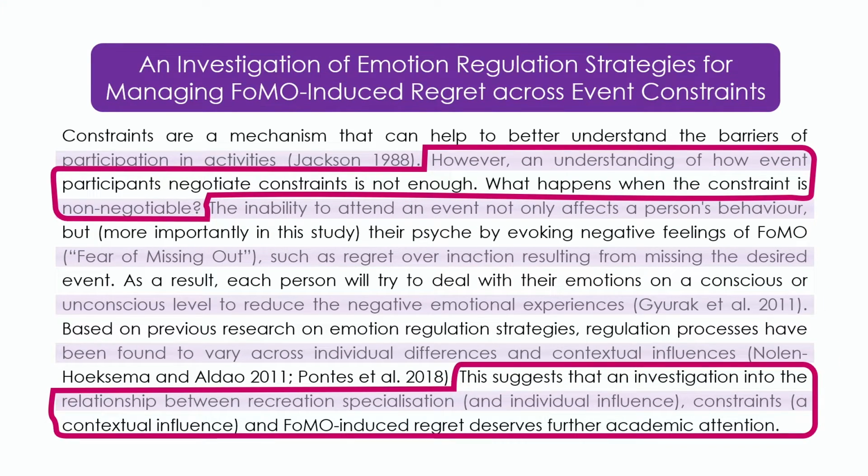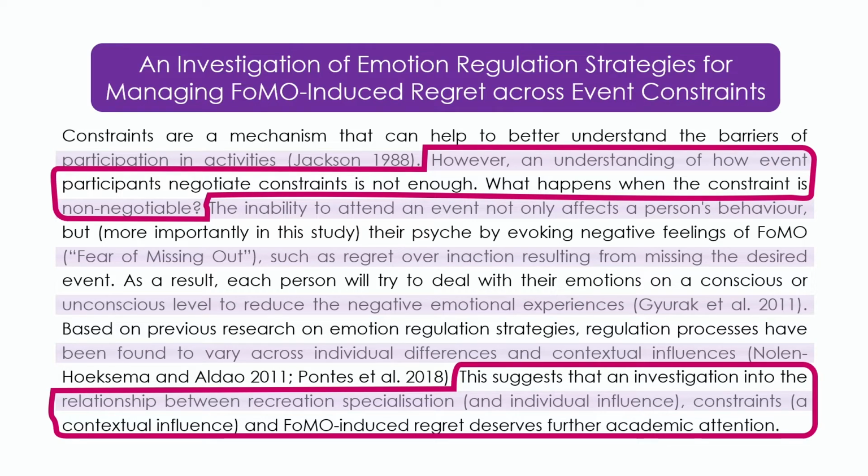And she uses expressions like an understanding of how event participants negotiate constraints is not enough, but we need to know what happens when the constraint is non-negotiable. So she's implying that we know how they negotiate constraints, but we don't know what happens when that constraint is not negotiable. So there's kind of a gap, a theoretical gap in the literature there.